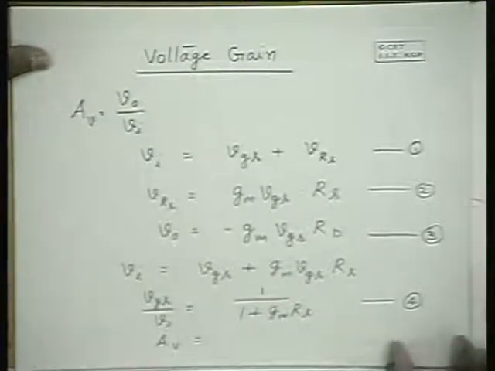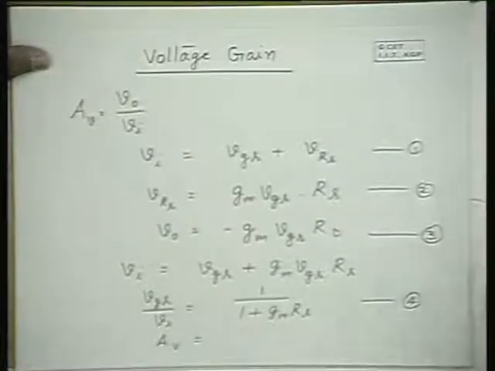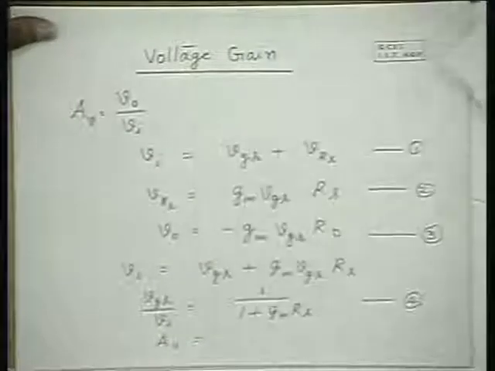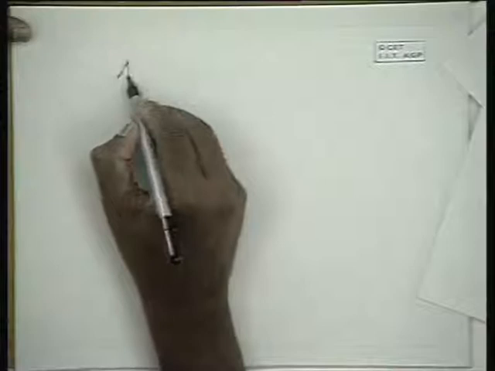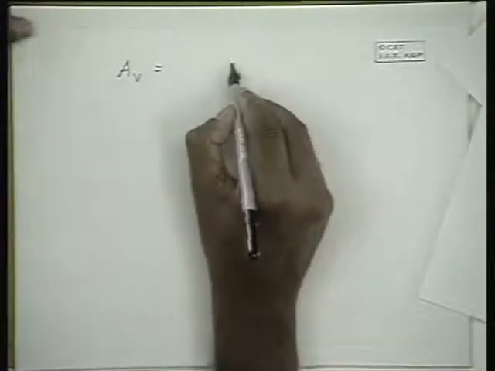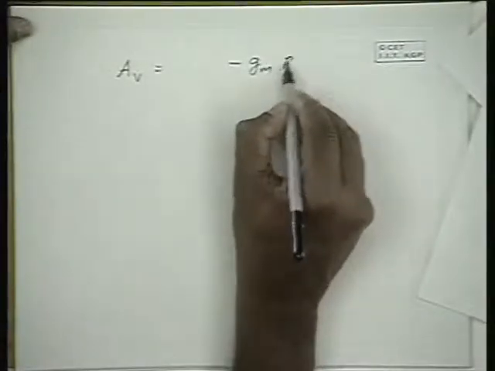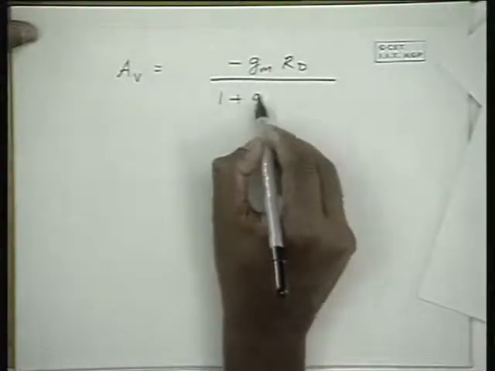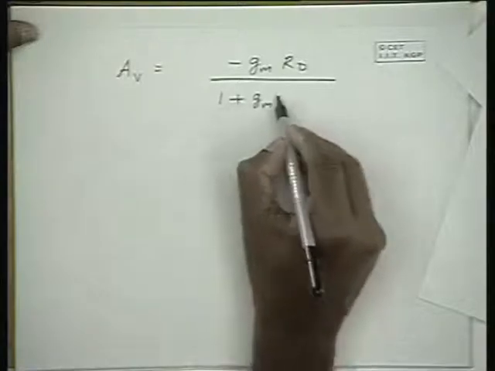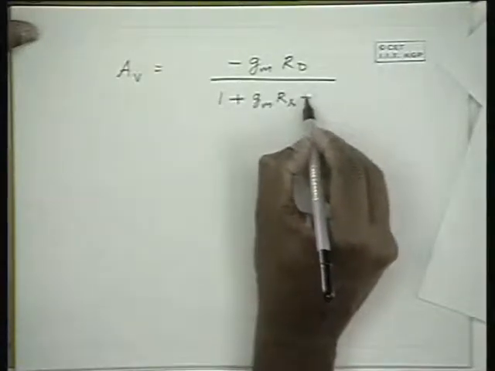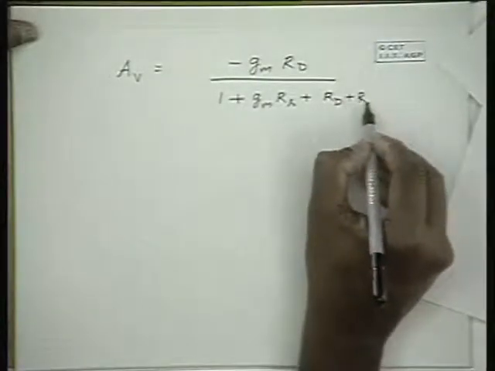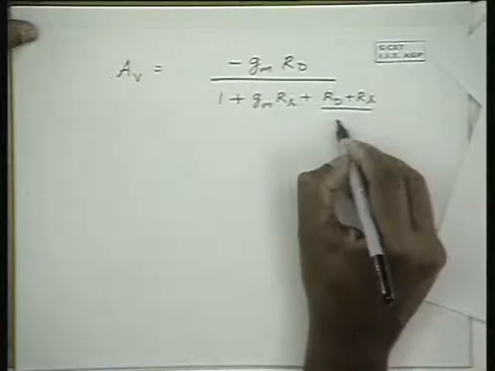Now, if you analyze the circuit with that small RD included, you will find the voltage gain as minus GM capital RD divided by 1 plus GM RS plus RD plus RS by small RD.